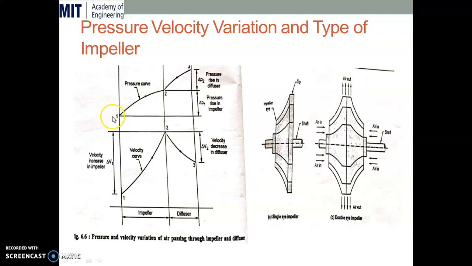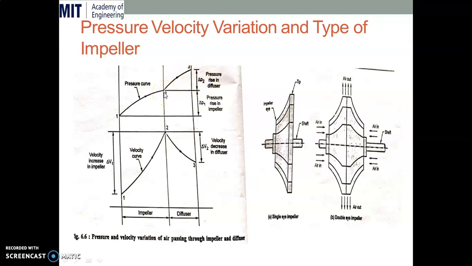So we'll try to study from this figure the pressure and velocity variation. Let's say the first one is the pressure at the inlet of the impeller. Pressure is lower, then the pressure increases due to the transfer of energy by the rotation of the impeller, and then there is a rise in pressure delta P2 also in the diffuser section.